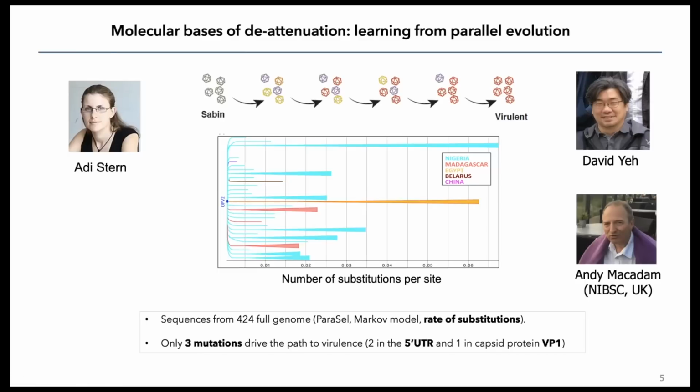And it turns out that, based on this analysis, only 3 mutations were required, 2 in the 5' UTR and 1 in the capsid protein. This was not completely surprising. This has been reported previously, but using these new tools, we were able to confirm these observations and extend these studies a little bit by doing work in both cell culture and animal models and reconstruction of some of these viruses that were observed in the field.